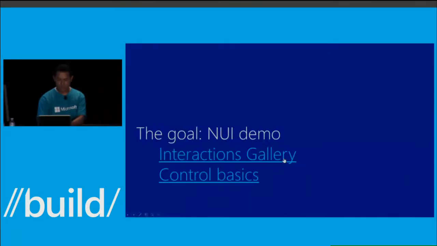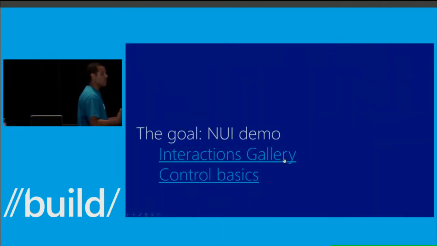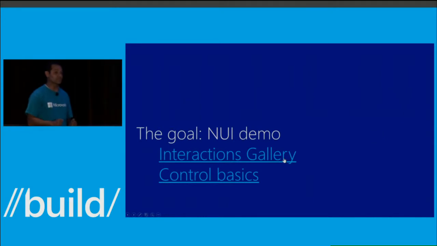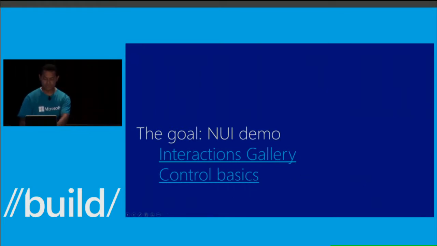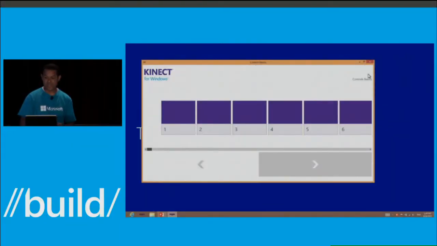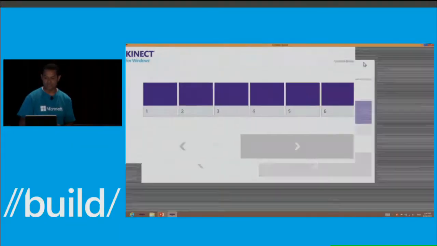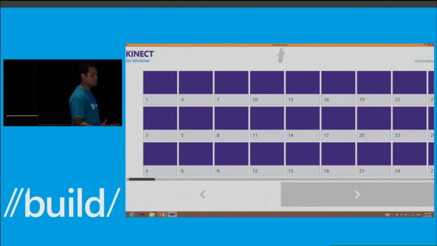So our goal, you saw a small sample that we ship with the Kinect for Windows toolkit. Our goal was to ship a lot of controls for you to be able to use the sensor without having to code a lot. So our goal was to ship, and we shipped.